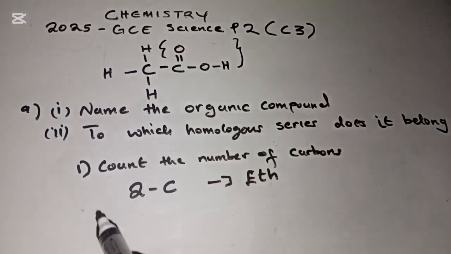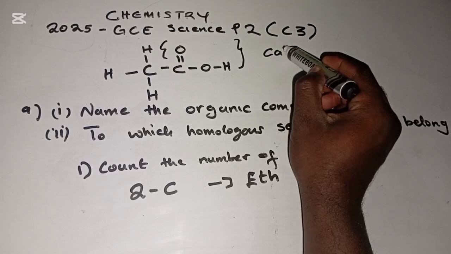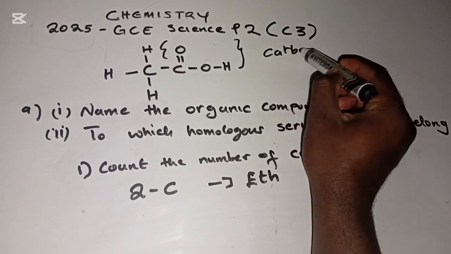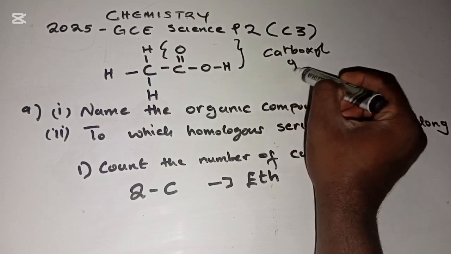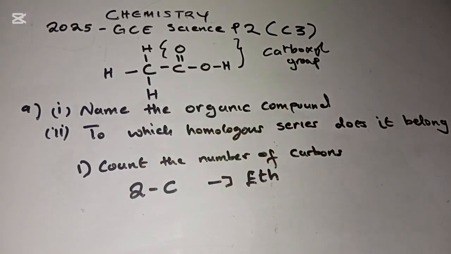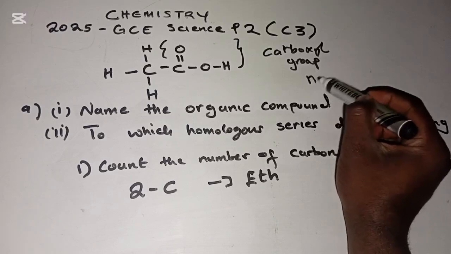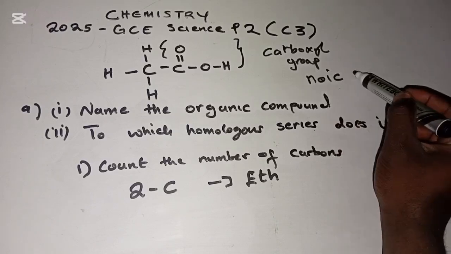This part here is the functional group, and this functional group is called the carboxyl group. All compounds that have the carboxyl group always end with what? I went through this in my previous videos: noic.